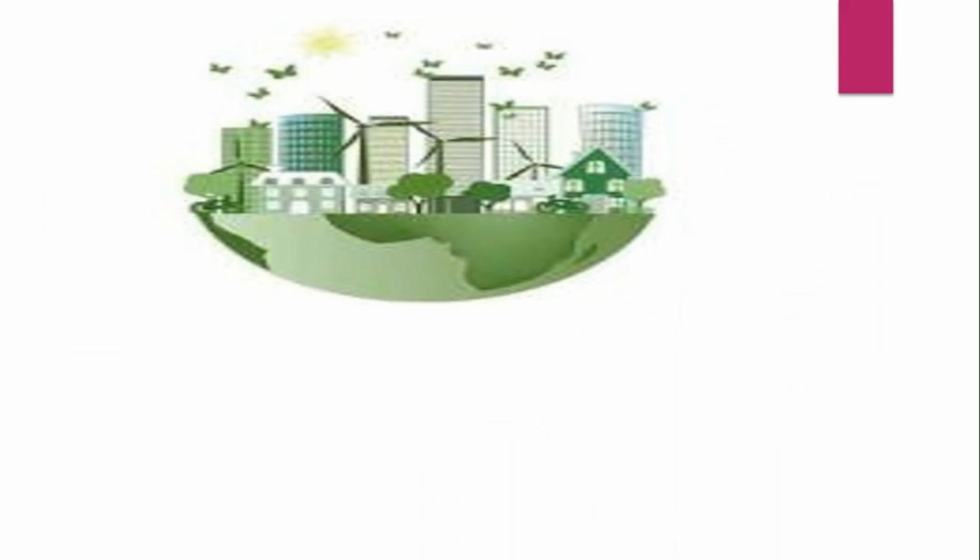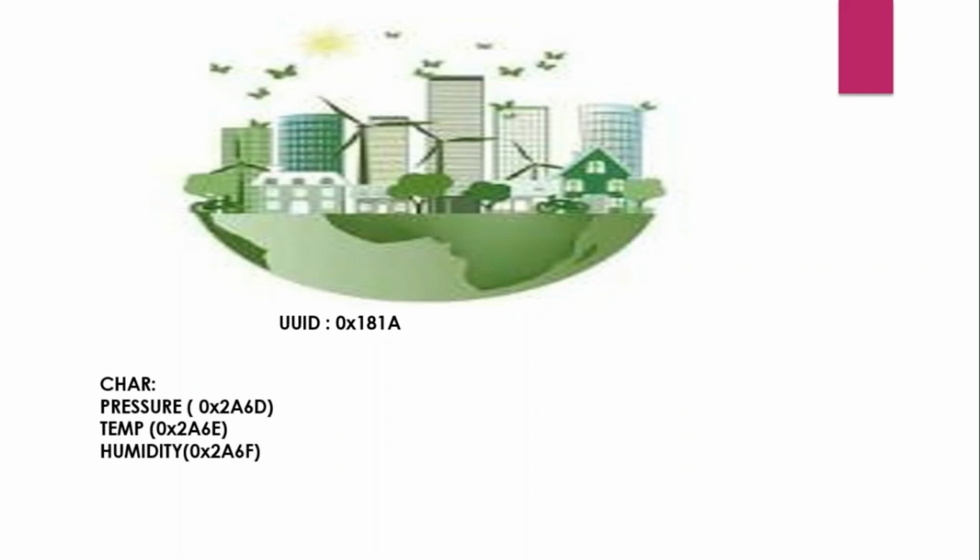Environment sensing service, for example, the sensor which basically takes all the temperature information from the environment, is having some UUID 0x181A. The different characteristics which can come, for example, are pressure, temperature, humidity.